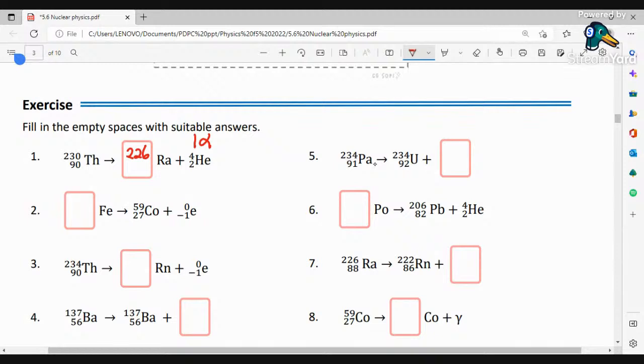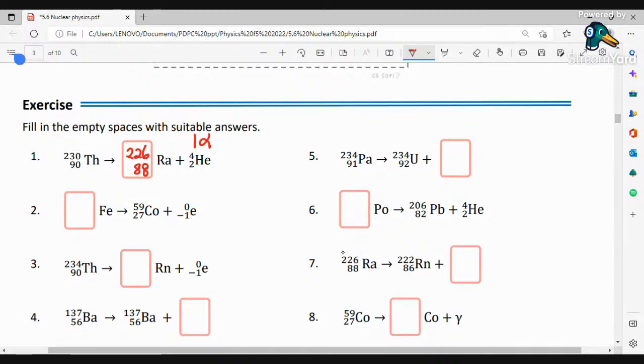And then the proton number 90 minus 2, 88. Okay, so kita ada radium 226 88.